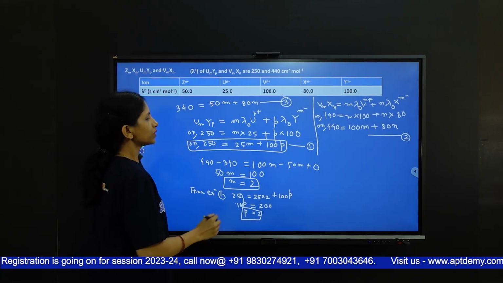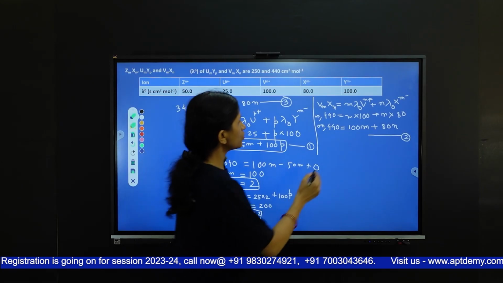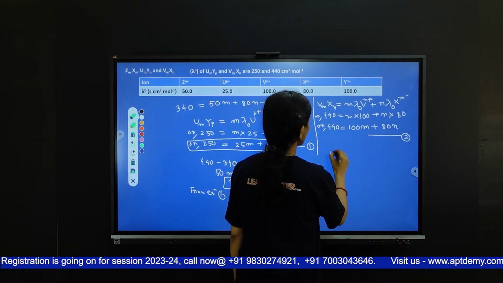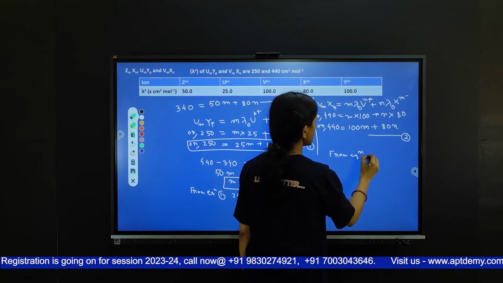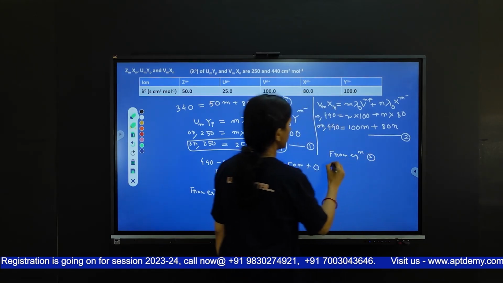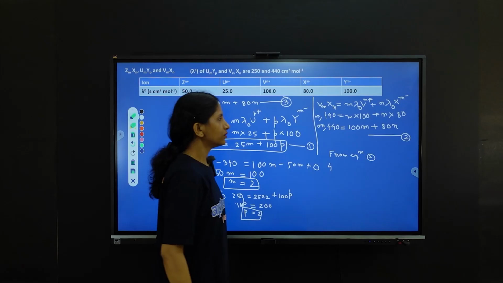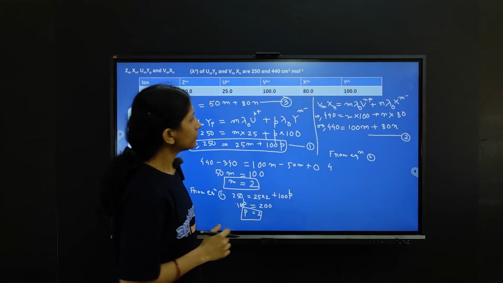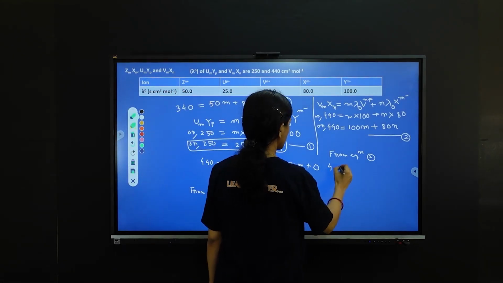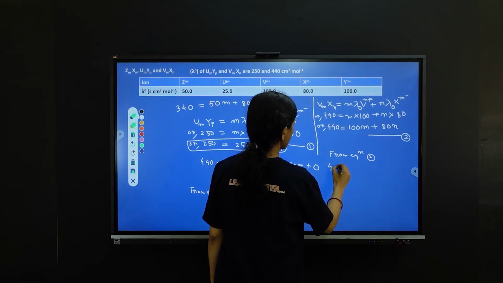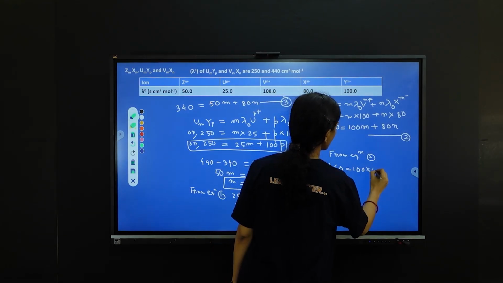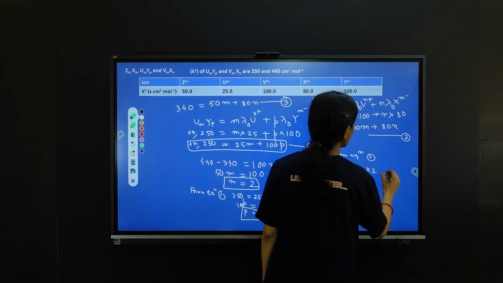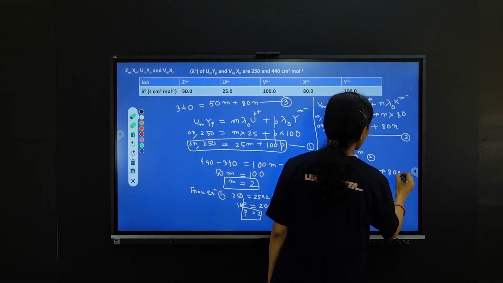Now again, if you use equation 2 here, if you put the value of m, you will get the value of n. So 440 is giving you 100 times 2, because we have calculated m as 2, plus 80n.